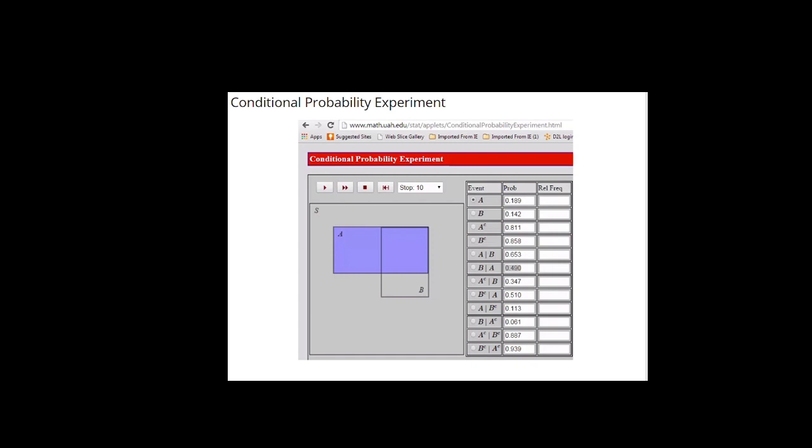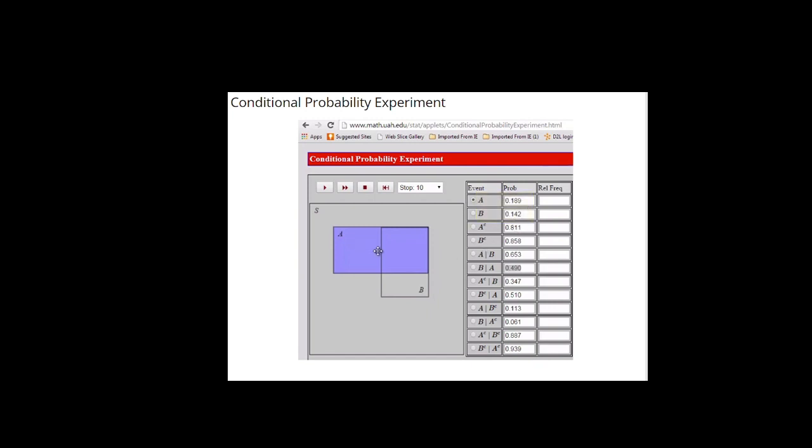Here's a Java applet, again taken from the University of Utah Java applet bank. And we see a sample space, in this case a square, with 2 events in it, the event A and the event B. On the right-hand side, you can see the probability of those 2 events. A has probability 0.189 and B probability 0.142.